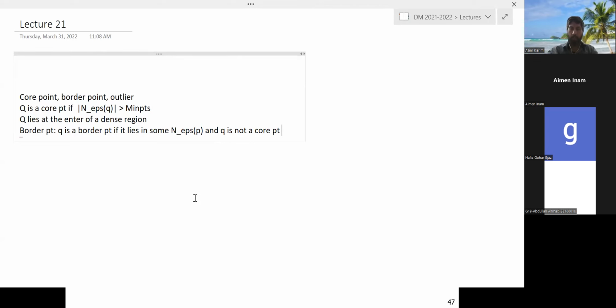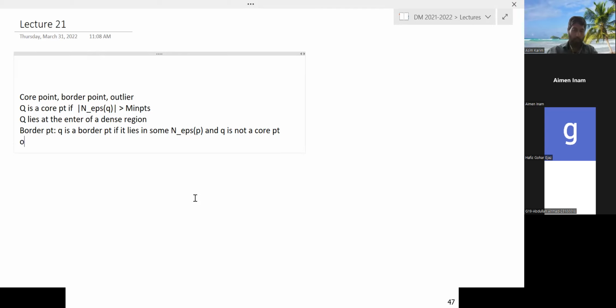Okay, so do you understand this? So in other words, Q is a point in the neighborhood of P, where P is a core point, but Q itself is not a core point. By the way, if Q itself was a core point, that would be a core point. It would not be a border point. So Q is not a core point, but it lies in a region defined by a core point.